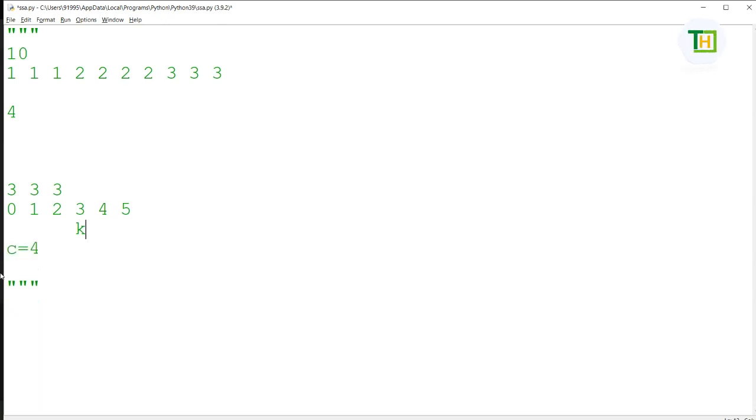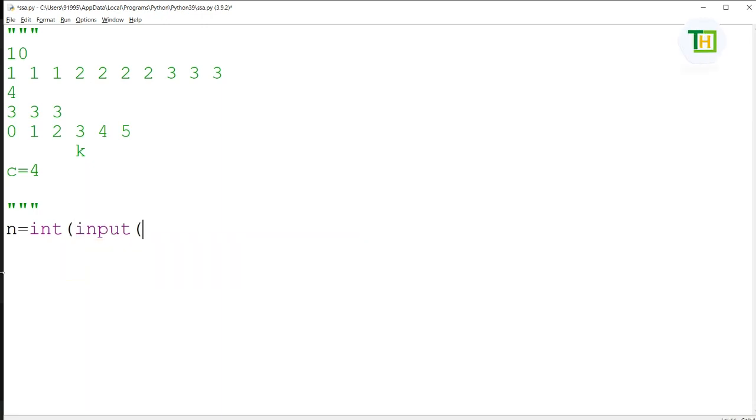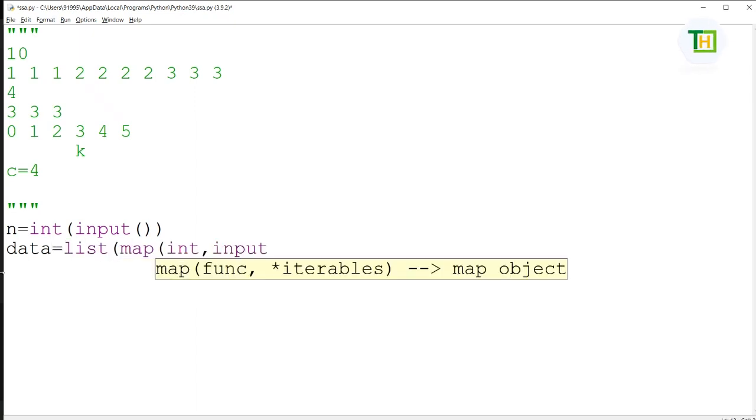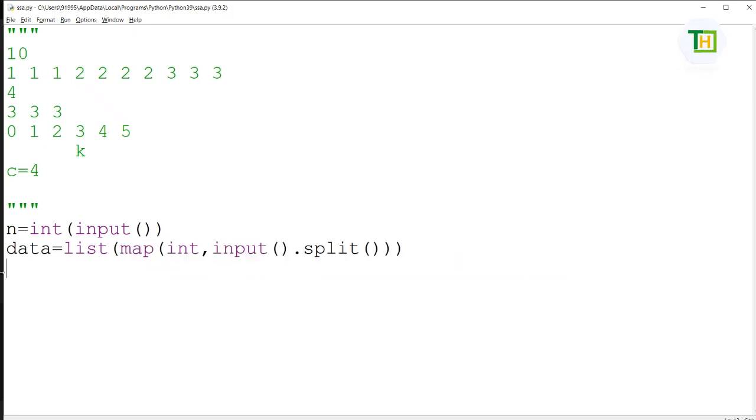Now I am going to implement the logic for this code. First of all, I have to read the size of the array, and then I'm going to read the list using map of int, input dot split. I'm going to read the data here.